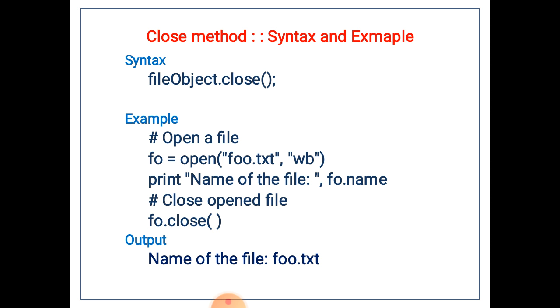So print fo.name prints the name of the file in the output. Then fo.close, that means the file that has been opened, foo.txt, will be closed immediately, seeing the fo.close.